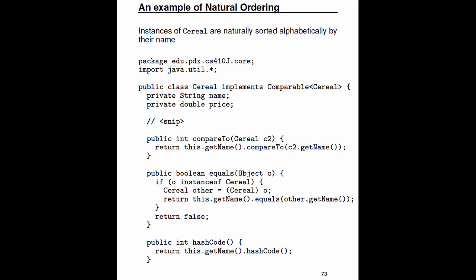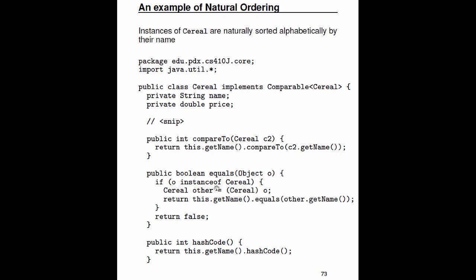Now, because I have implemented compareTo based on the name, I also need to override equals to determine whether or not this object is equal to another object, again, based on its name. Now, unlike compareTo, there is no generic type for equals, so it's still Object.